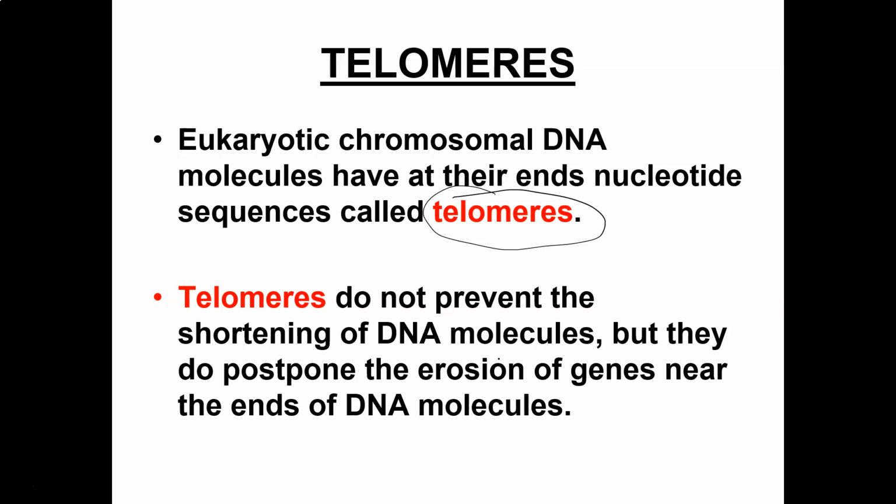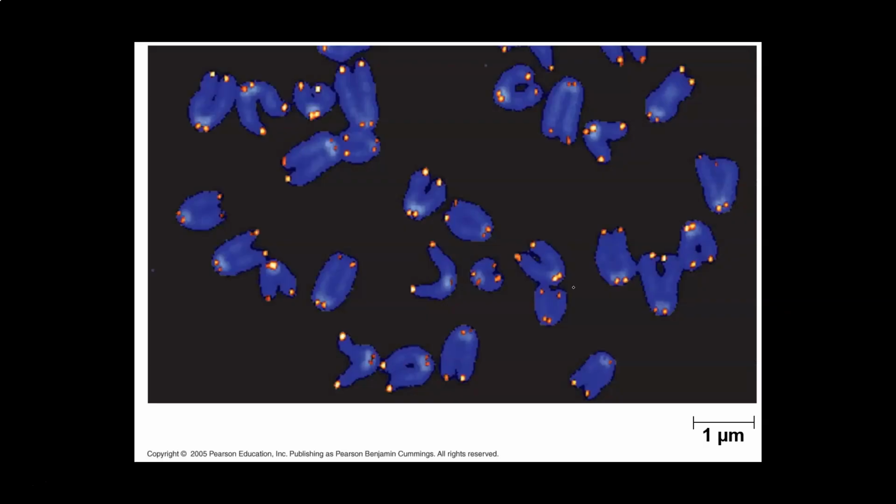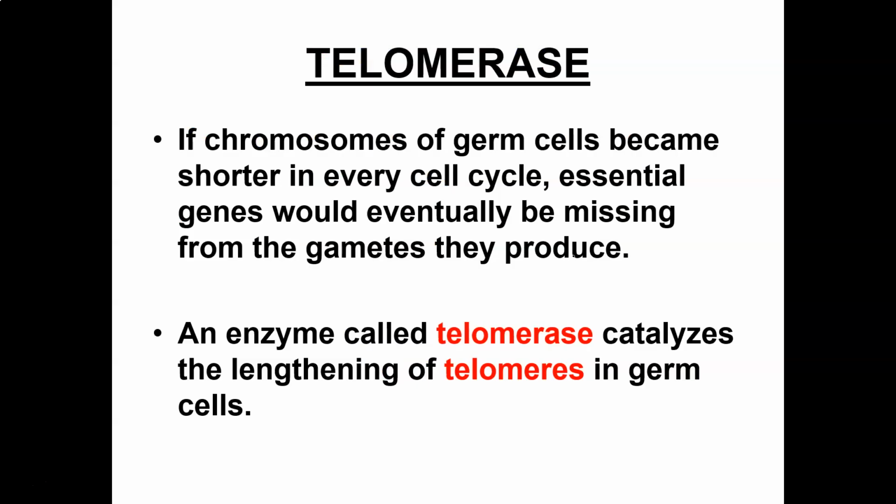So they sometimes describe telomeres as like the cap on your shoelace, the tip of shoelaces that protects the DNA from losing important information. Now, here are the telomeres that are stained.